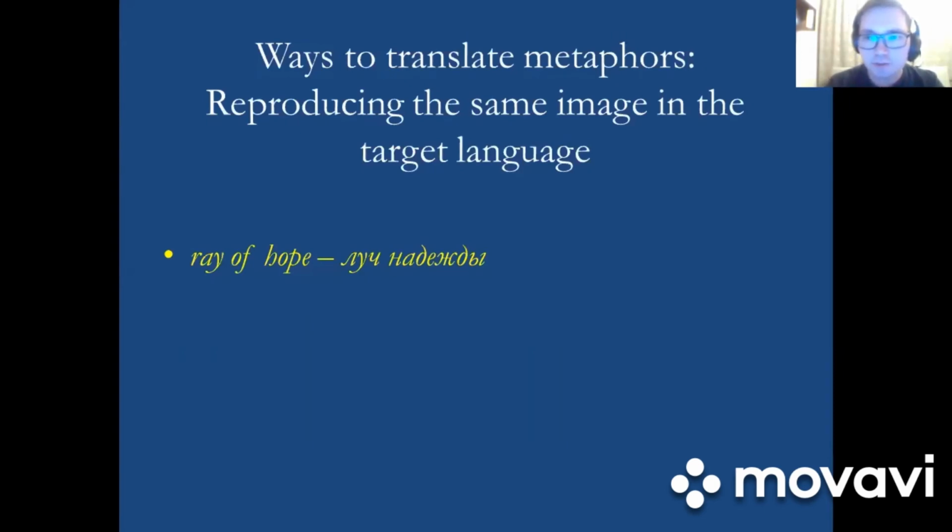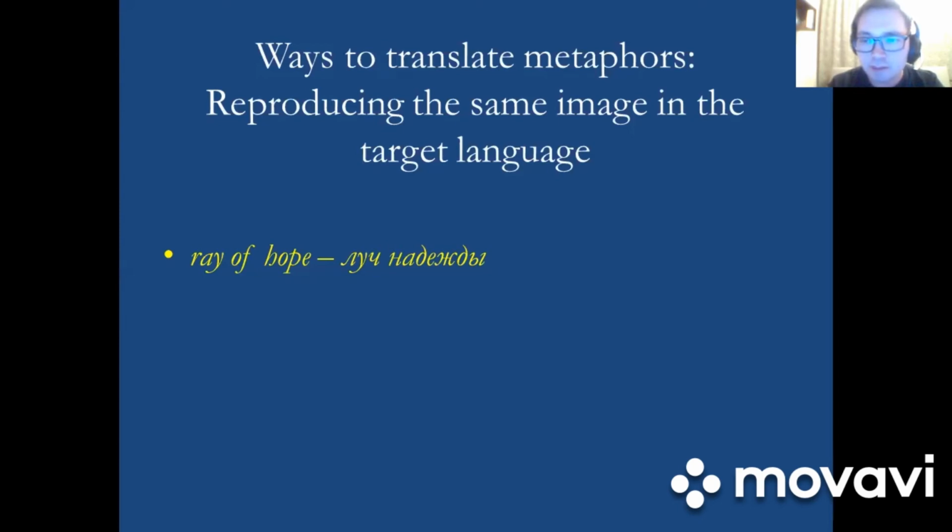So now we are going to look at some ways to translate metaphors. The first way is through reproducing the same image in the target language. And below you can see an example: ray of hope, луч надежды. So we can see that both expressions have the same image and meaning. So in what situations can we use this kind of translation?